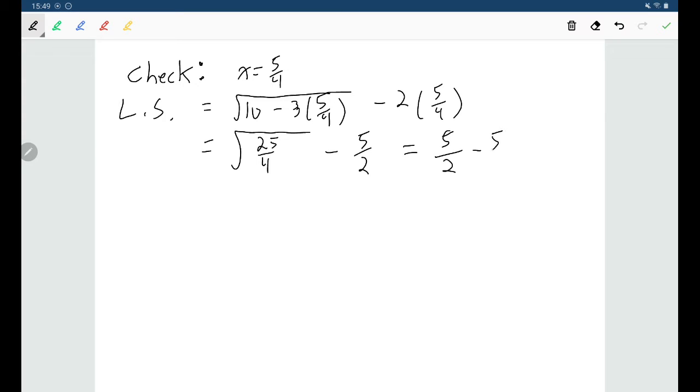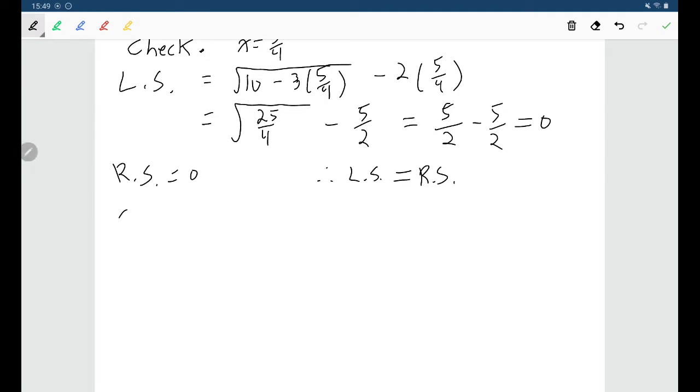And now I really have 5/2 minus 5/2, which is equal to 0. The right side of my equation is 0. So that means left side of the equation and the right side of the equation are indeed equal to each other. So 5/4 is a solution. That one works.